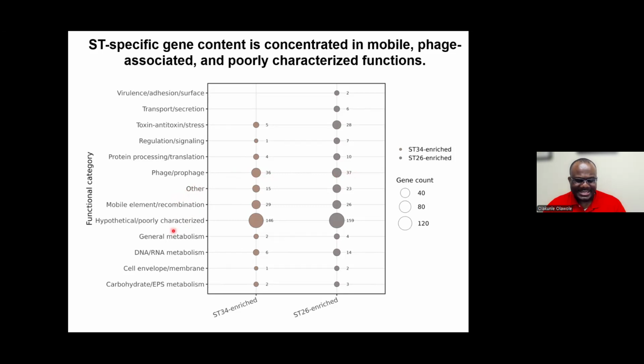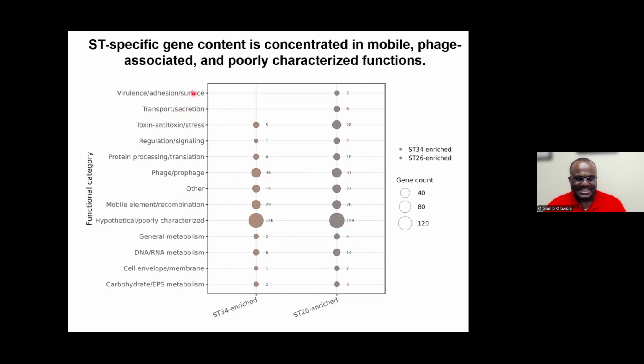And the ST26 contained more enriched genes. That was one of the things that became very obvious. They contain more enriched genes overall, including genes involved in toxin-antitoxin systems, transport, secretion, virulence, and surface.